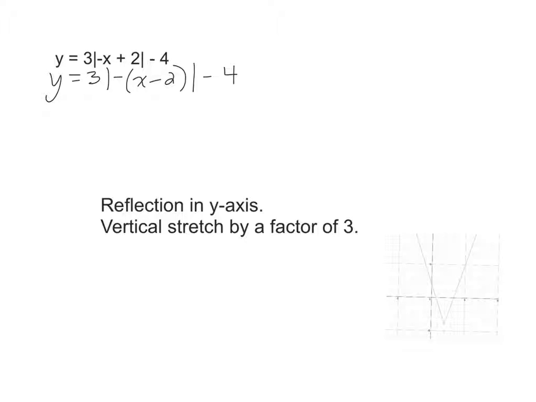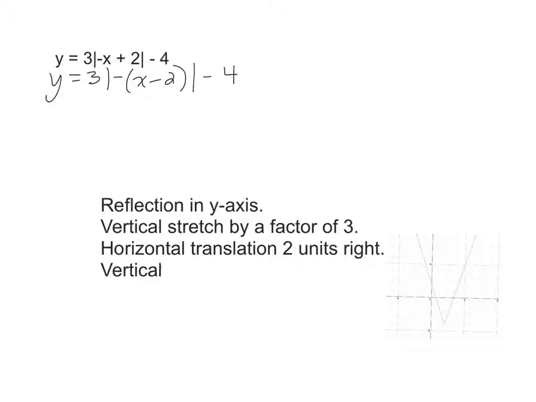So it has a horizontal translation. Two units. What direction? To the right. Because it's x minus 2, it's moving to the right. And then a vertical translation. Four units down.